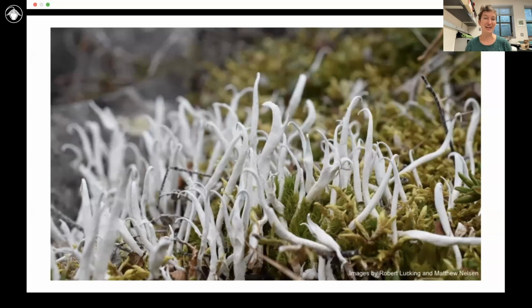I have personally encountered this lichen and fell in love with it in the alpine tundra in Colorado. So it can be found in alpine environments. It's very distinctive and very fun. So hopefully many of you will get the chance to meet this lichen someday. But also just a wild example of what we would refer to as a fruticose lichen.